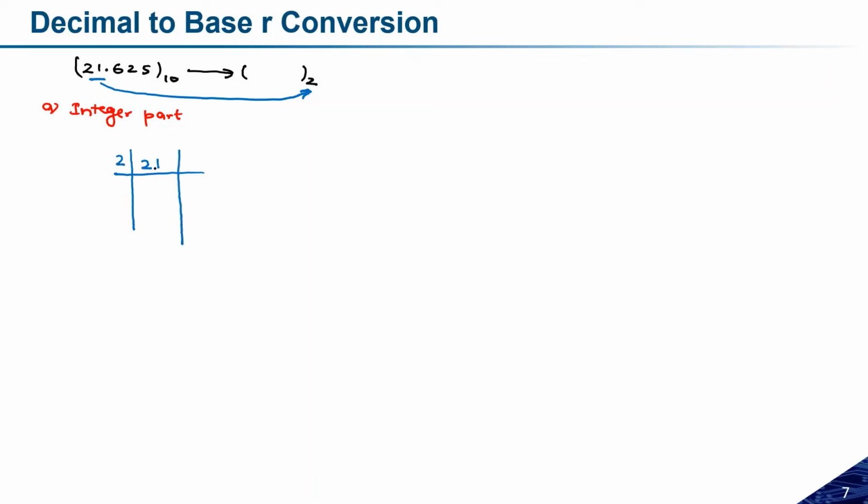If I divide 21 by 2, then it will become 10, and some remainder will come, and that remainder is 1. Next, if I again divide, this process continues until we cannot divide it completely. Then it becomes 5 with no remainder, so 0.